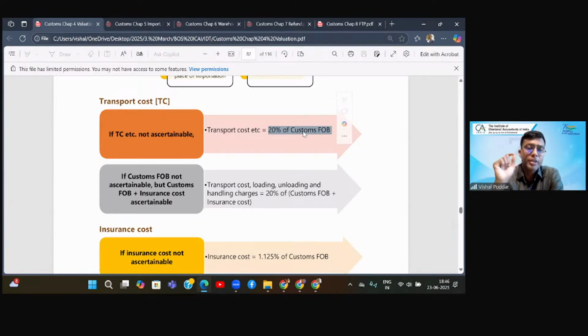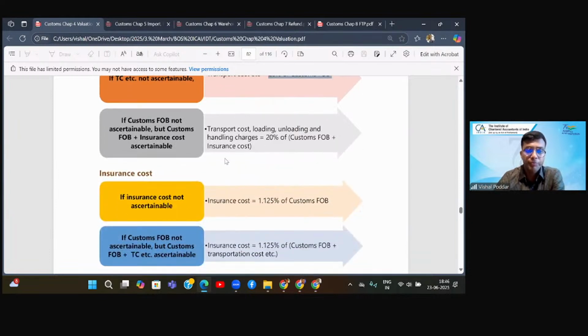But where it is air transport, and if actual freight is given, you will not take the actual freight. You will compare it with 20%, you will take whichever is less, because in air transport, 20% is the maximum limit. In other transport, there is no maximum limit. Whatever is given, you will take. In other transport, only if nothing is given, then you take 20%. So I hope you're understanding this difference.